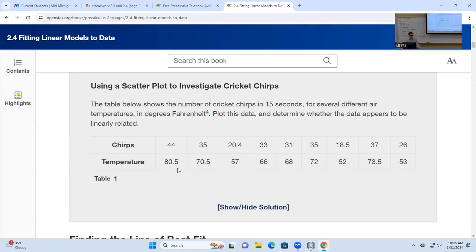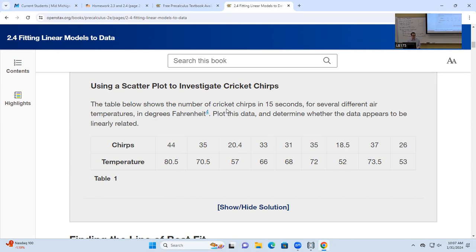This is just how often a bird chirps compared to the outside temperature, right? So let me go through this one. We'll create a scatter plot, see if there's any sort of relationship, if it looks like there's a relationship or not.